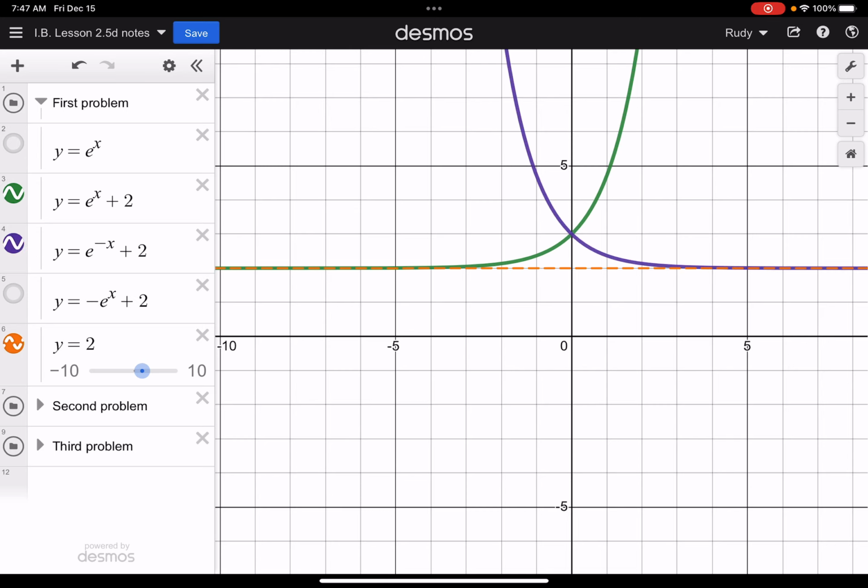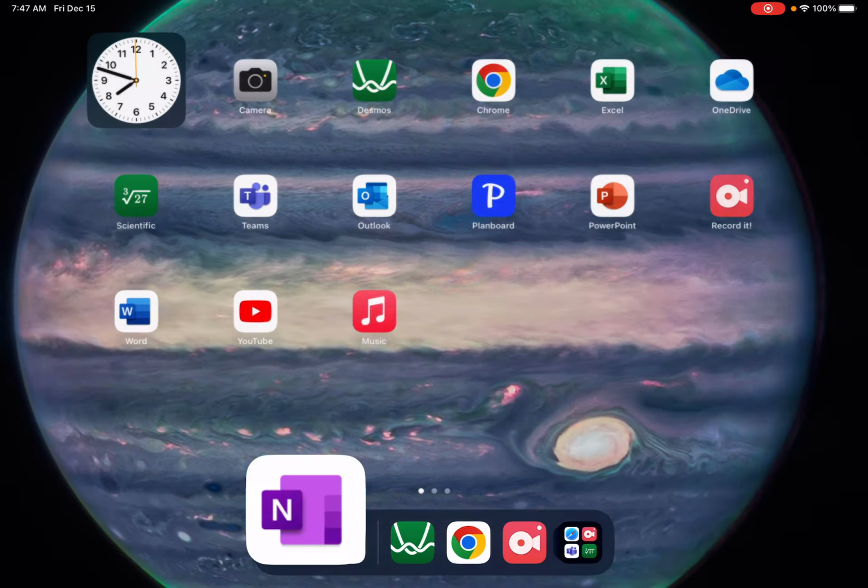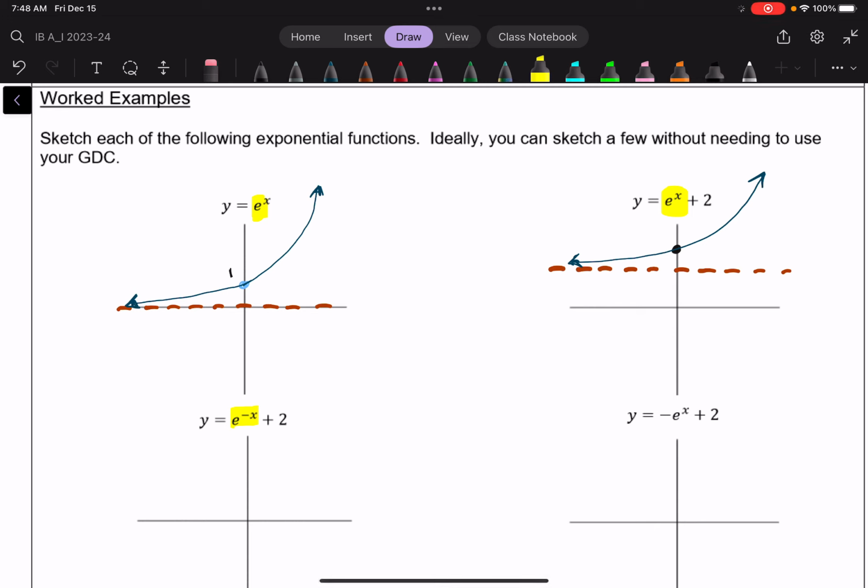Notice it's the same shape reflected about the y-axis, and we call this a decay function. That will generally always happen if we change the sign of x to a negative, or multiply x by -1. And again, the y-intercept is 3, moved up 2 from the first example.